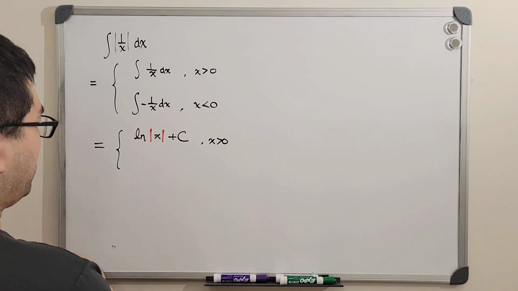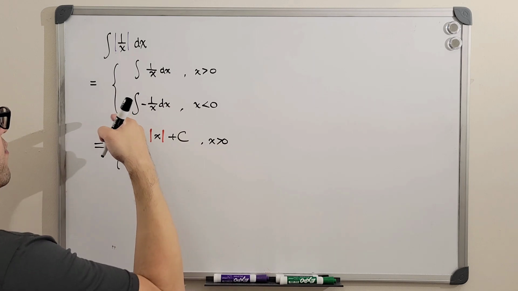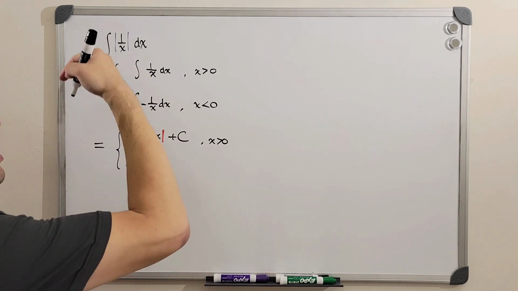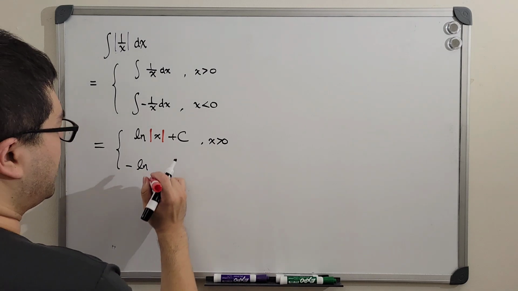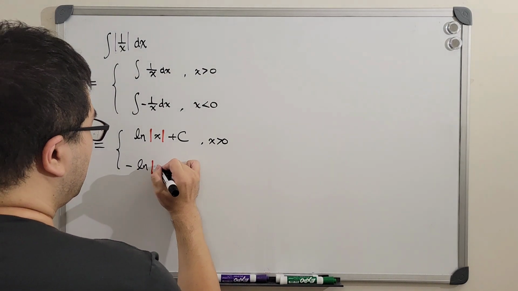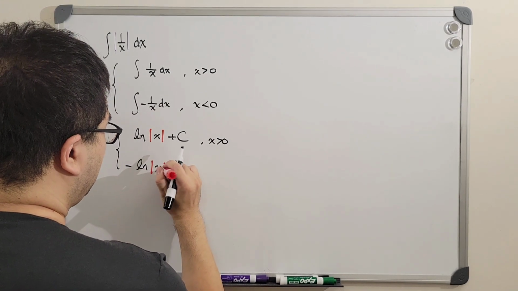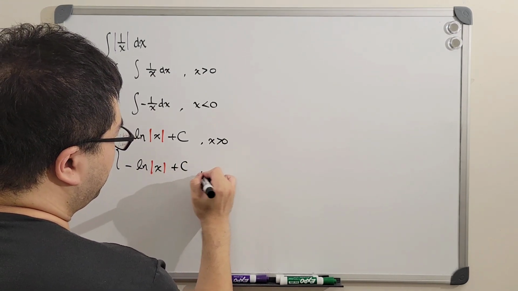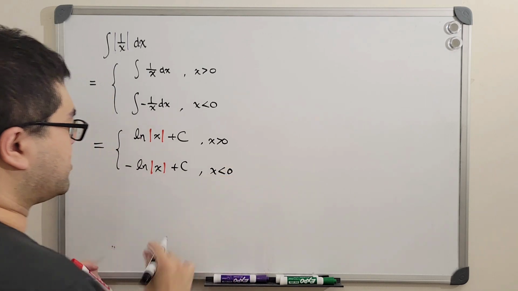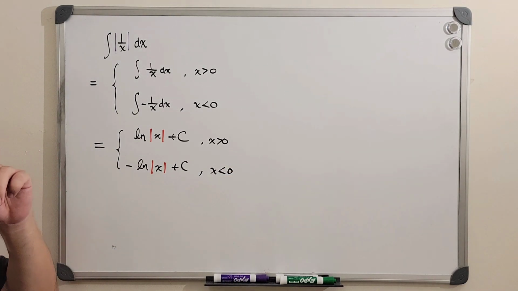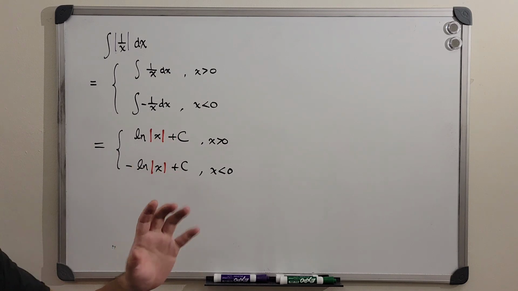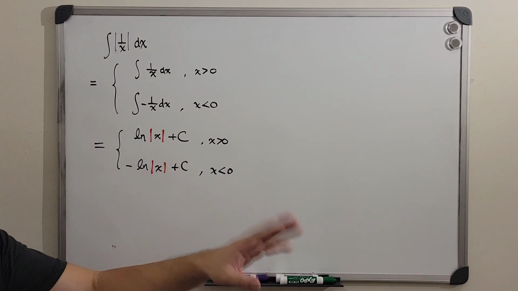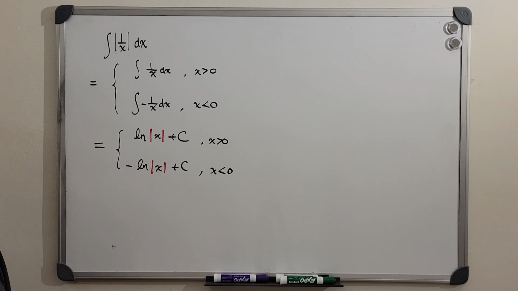And we will have, of course, we can factor the negative out before we take the antiderivative, and get negative ln of absolute value of x plus c for x less than 0. Okay, so how are we supposed to combine these two together? Well, we see that the c is in common, and again, that is just any arbitrary constant.